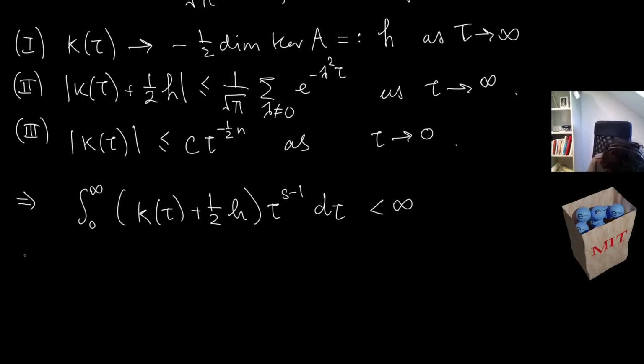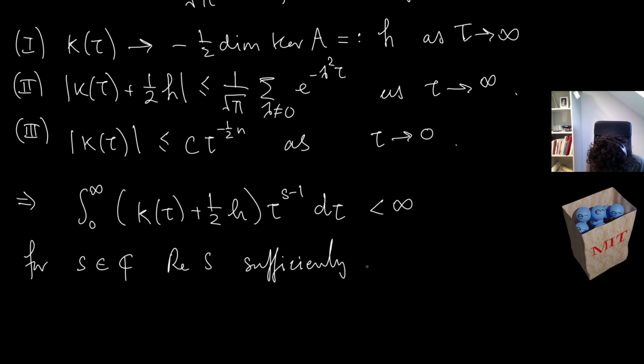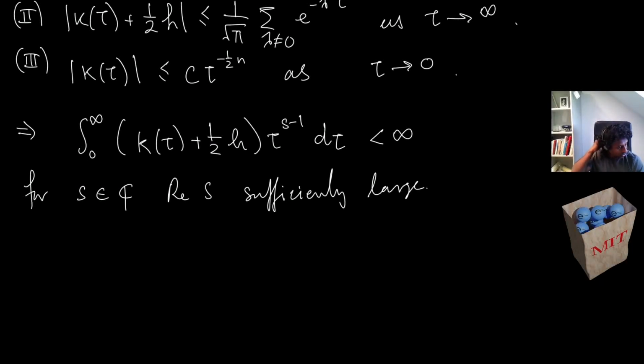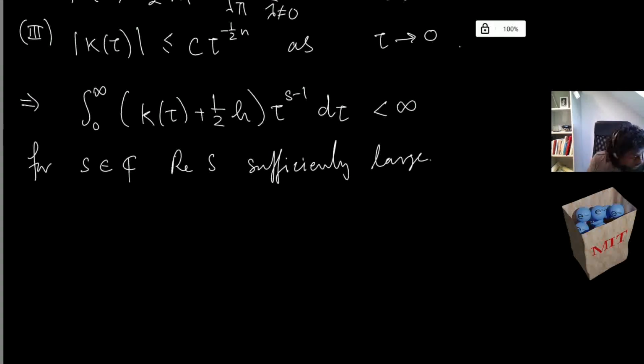And I should say what this is for. This is for complex s with the real part of s sufficiently large. Okay, so why are we doing all of this? Remember, we want to try and connect all of this to the eta invariant, right? That's really the point. So now let's use integration by parts.